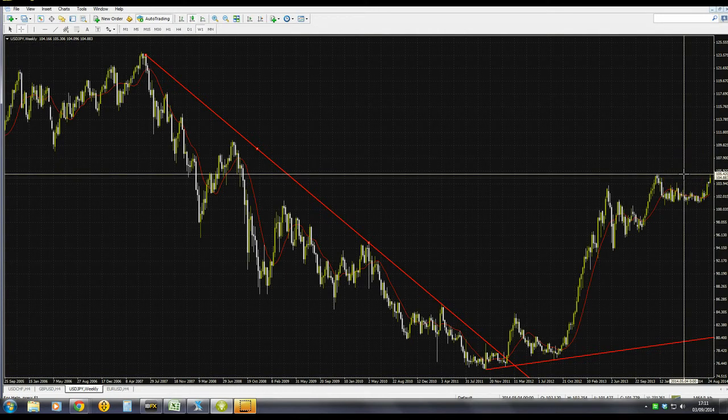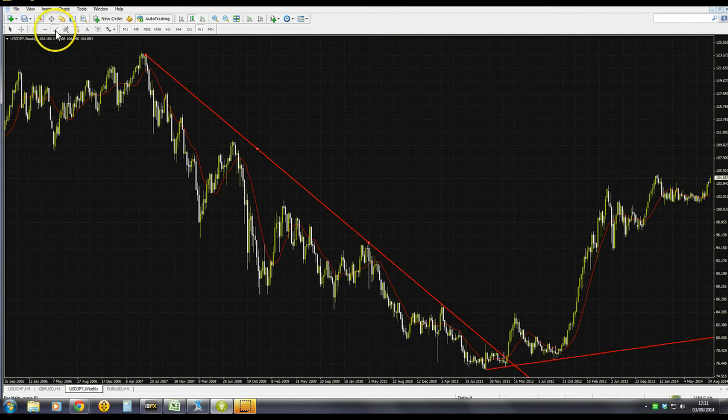Double top. Draw our trend lines in. That's good enough to draw in actually. So that's our D, that's our C. B will be one of these, and that's your A, B, C, D.